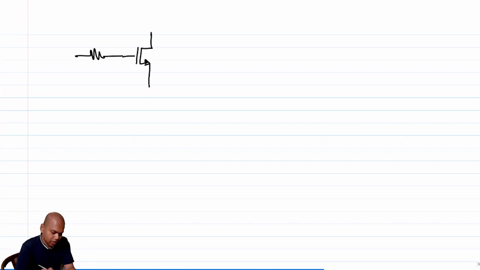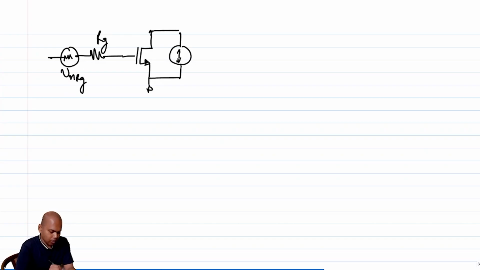which means that my noise model of the transistor now has an extra Rg, where this Rg is also contributing to thermal noise, and we have this In anyhow. Correct?